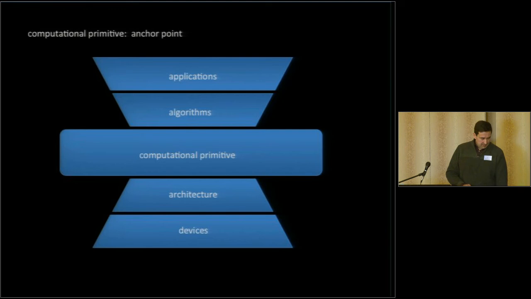So what was done was to describe a computational primitive, saying how this system would do computation, and then from that point reach up to applications or down to devices, and that provides a common starting point to frame some of these projects and approaches.